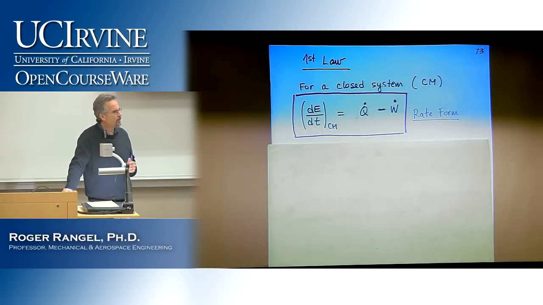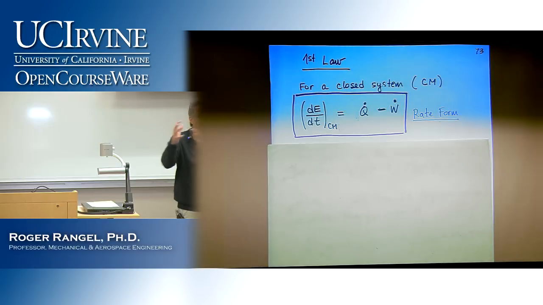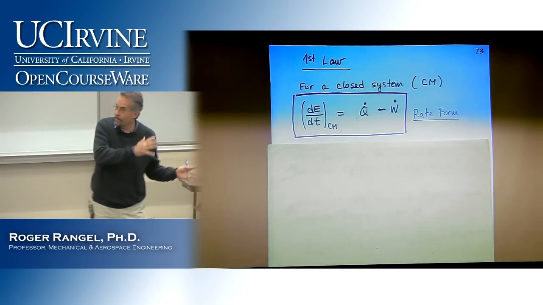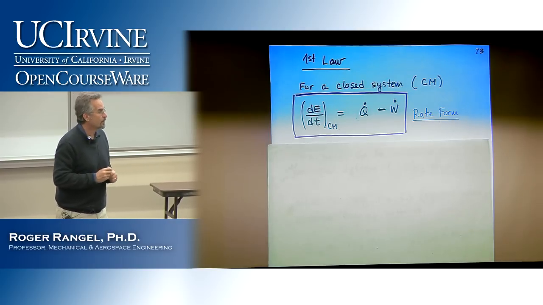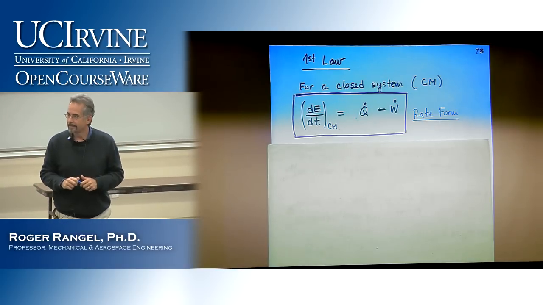Is there anything else that will have to come into the picture besides that flow work? When mass comes into a system and mass goes out of the system, is there anything that we should consider? The change of mass?